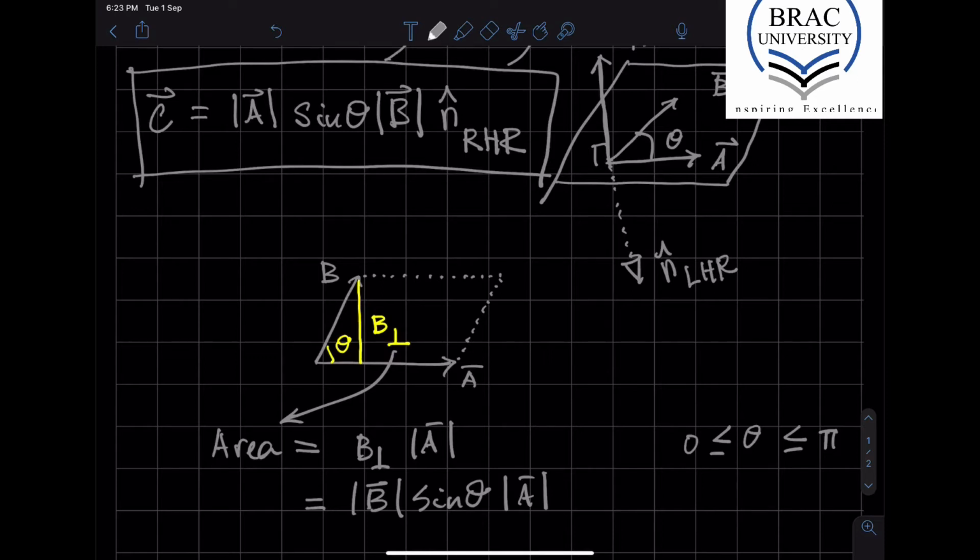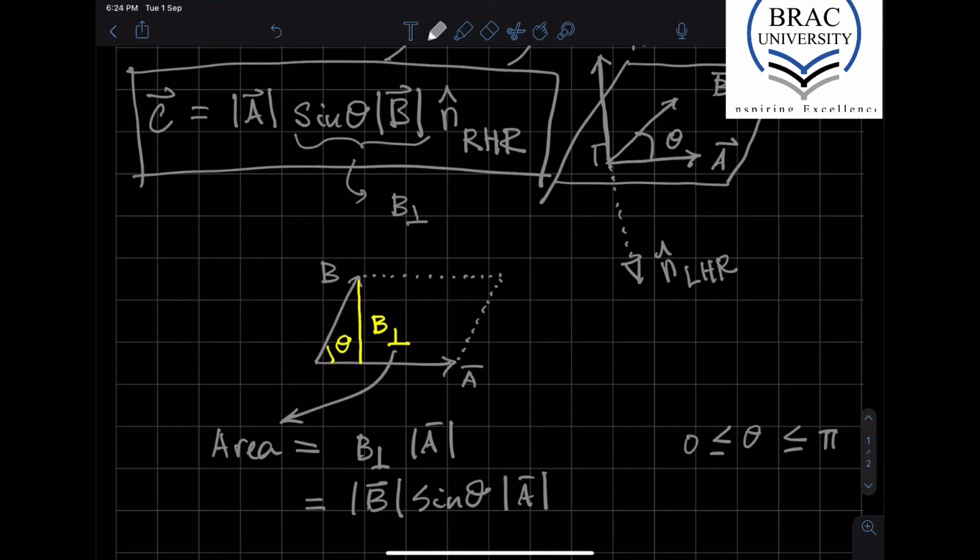So what we see is that the magnitude of this vector is given by this quantity or this quantity, and this is the area of this parallelogram. And the direction is given by this. So here we see that in this expression, this is B perp.